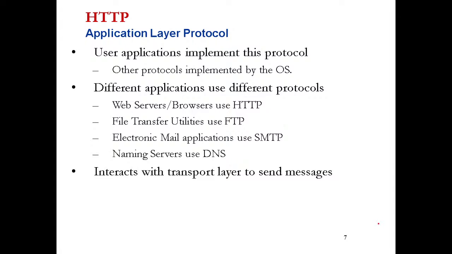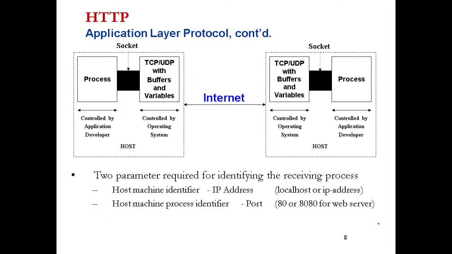It interacts with the transport layer to send messages. So HTTP also works as an interface between the transport layer and the application layer. This is a pictorial representation of this. First of all, there are two hosts, of course, client and server. There is a process and a socket. This is the process where you are working.